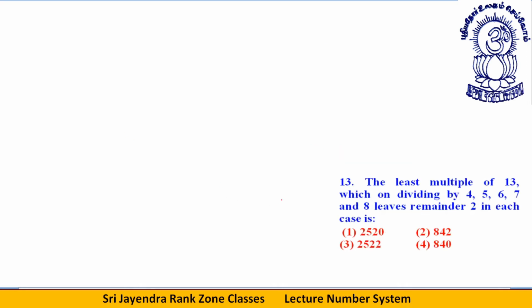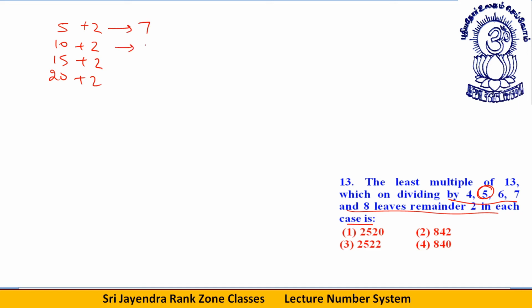Next question we have is the least multiple of 13 which on dividing by 4, 5, 6, 7 and 8 leaves remainder 2 in each case. See, the first thing is let's concentrate on this 5. Any number divisible by 5 has its unit digit as 5 or 0, like 5, 10, 15, 20. If I say remainder 2, what will be the unit digit?